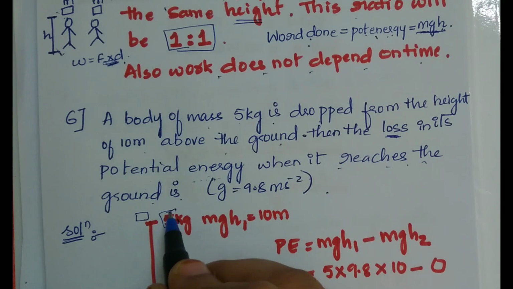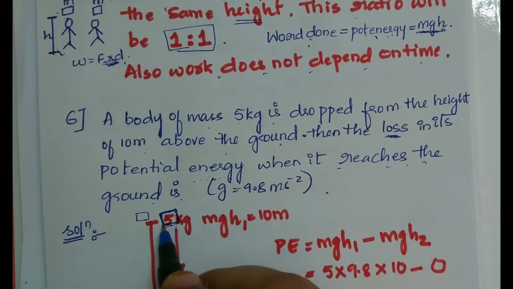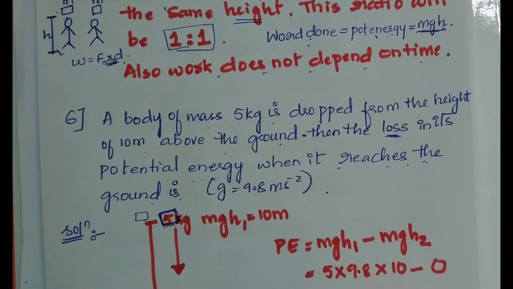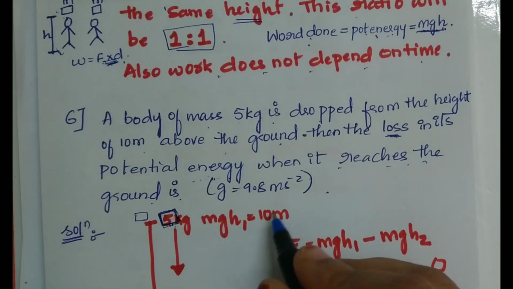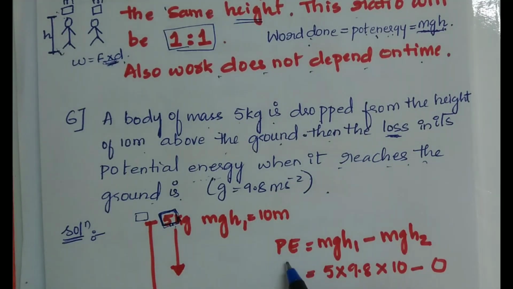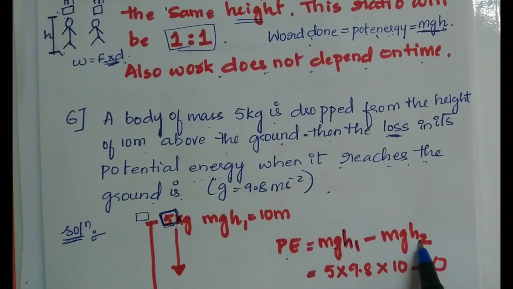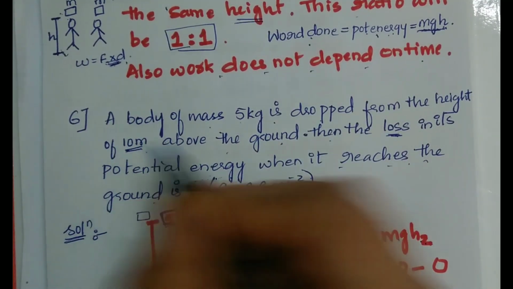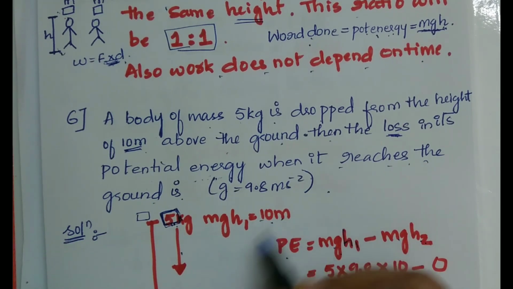At this point the work done is stored in the form of potential energy. So at this point there will be one potential energy, and when it reaches the ground there will be a change in the potential energy, from height h1 to height h2. As you can see, it is raised to a height of 10 meters, so h1 is 10 meters.